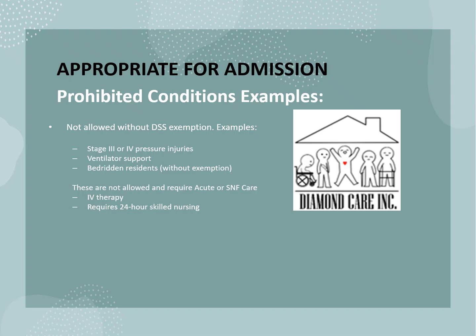This is because stage 3 and stage 4 wounds typically require wound care every day to every other day. And under Title 22, caregiving staff are not able to perform wound care services. This includes simply placing a gauze over an open wound area.